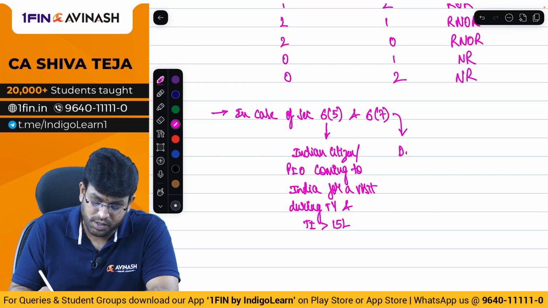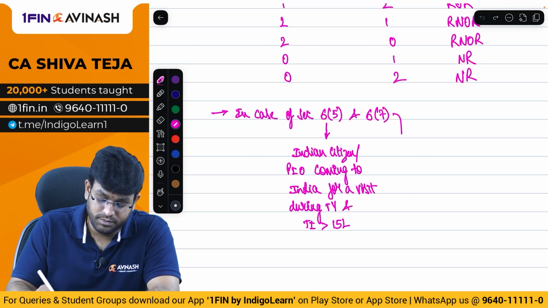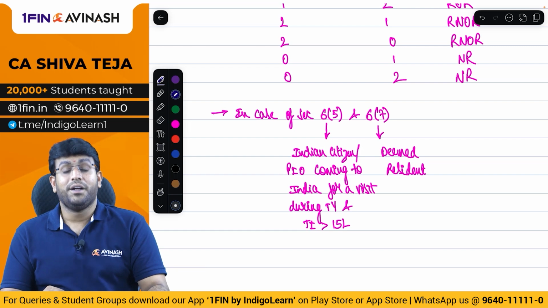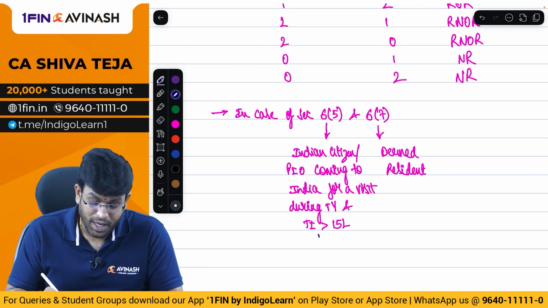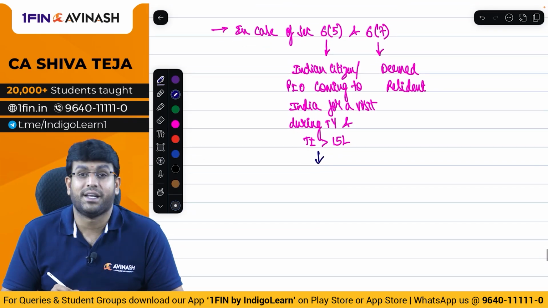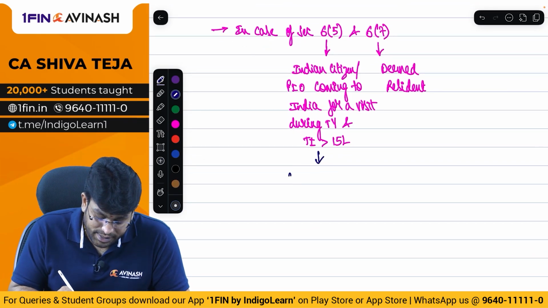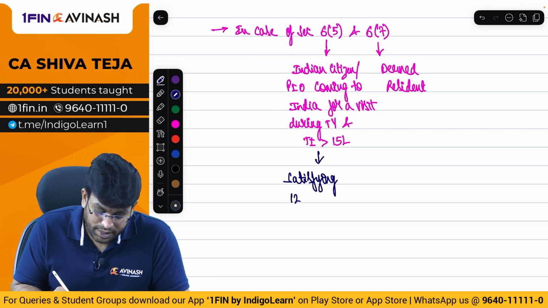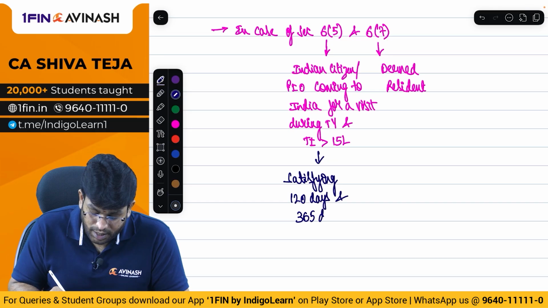And 6.7 talks about deemed resident. So here, an Indian citizen or person of Indian origin coming to India for a visit during the tax year, and total income is more than 15 lakhs, and satisfying the 120 days and 365 days condition.